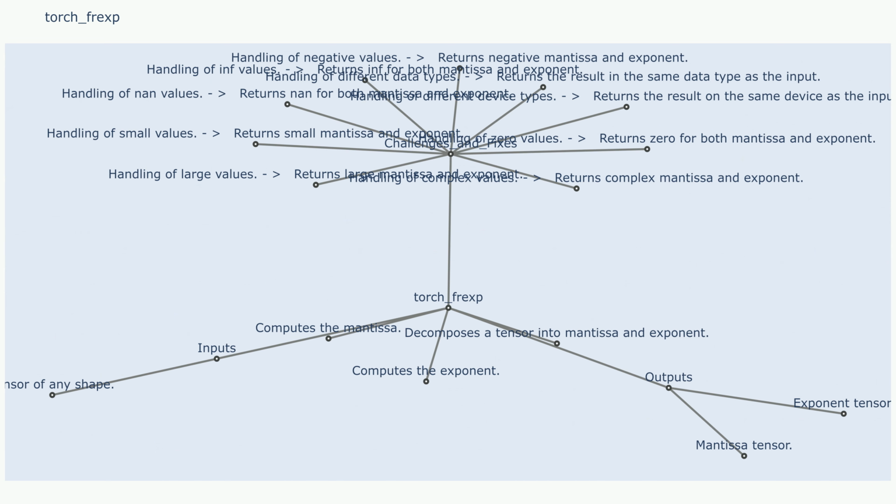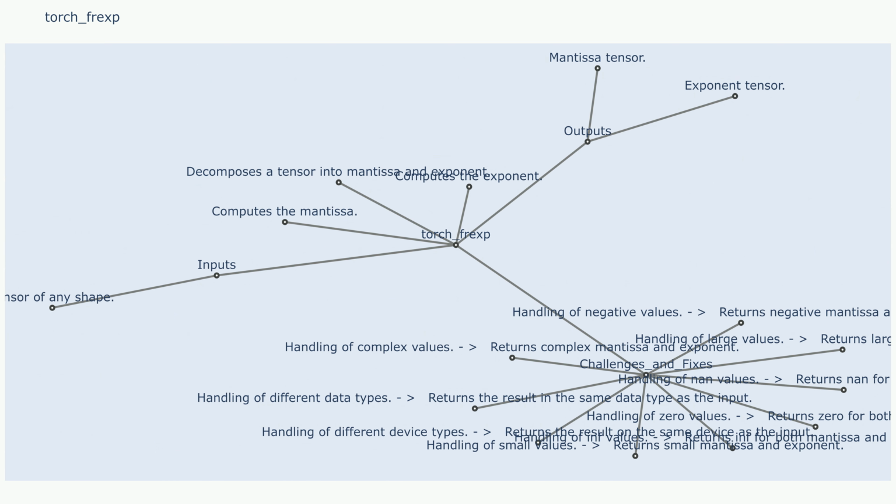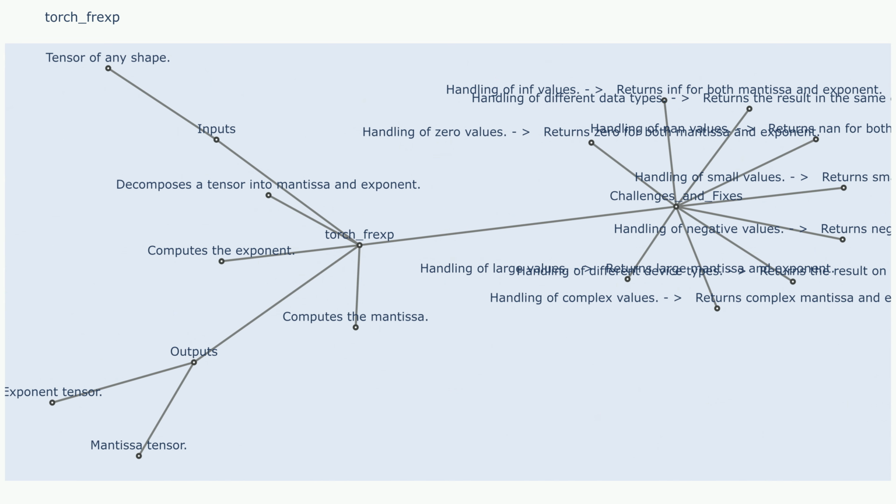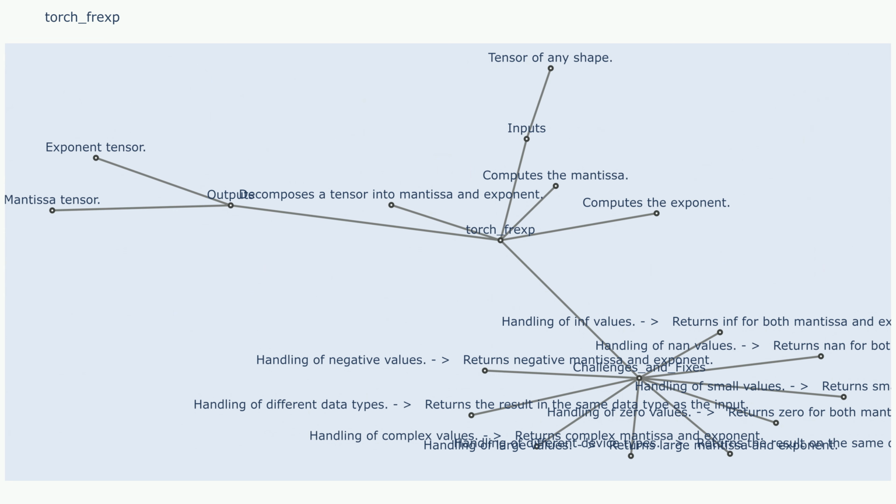Steps. Step 1: the torch.frexp function takes a tensor as input and performs the following operations for each element in the tensor. It determines the sign, exponent, and mantissa of the floating point number. It isolates the mantissa component, ensuring it falls within the range 0.5 to 1 by shifting the binary representation if needed.